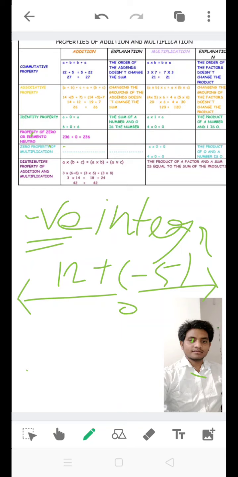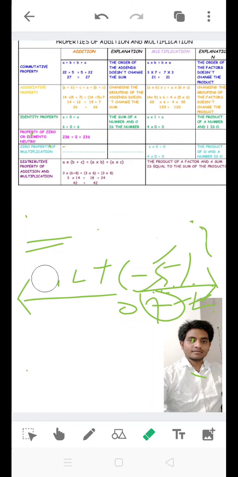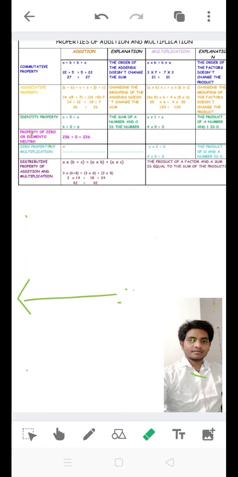Then we add 12. First we move right side 12 times, like here 12, and after that, this is the negative integer, so we move left side from 12. Then 12, 11, 10, 9, 8, 7. Then 7 is your answer. Dear student, I hope you understood this very well.